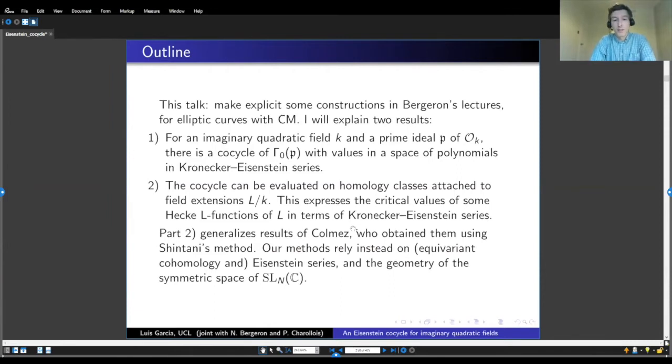Colmez used Shintani's method, and our proof is quite different. Instead, we're going to use equivariant cohomology, although I won't really talk about equivariant cohomology because the constructions are so explicit that one can just introduce the differential forms. It's basically a construction using Eisenstein series and using the geometry of the symmetric space of the CM.